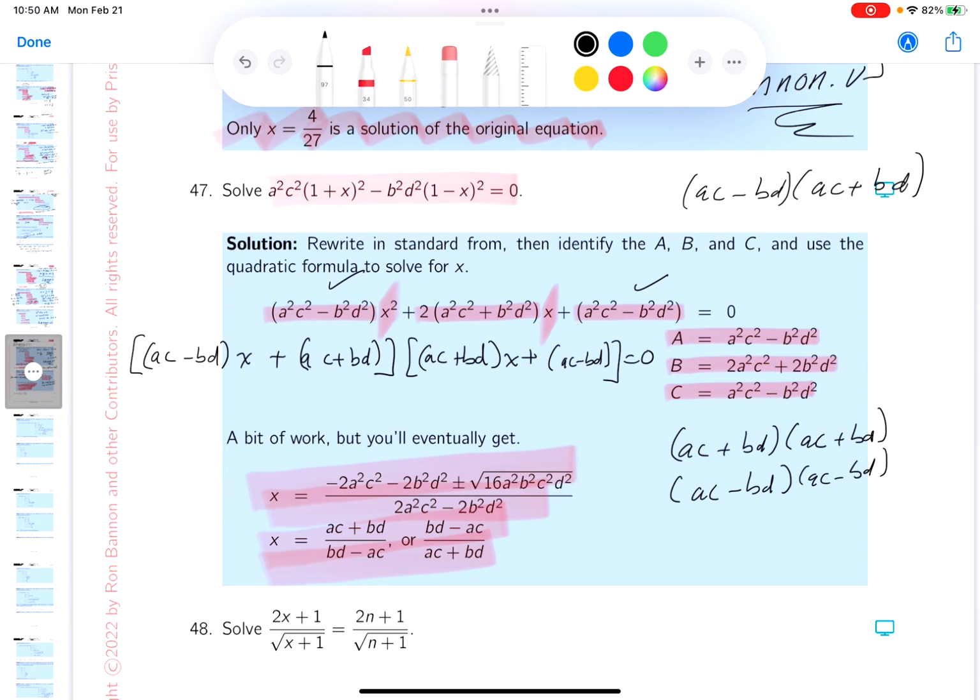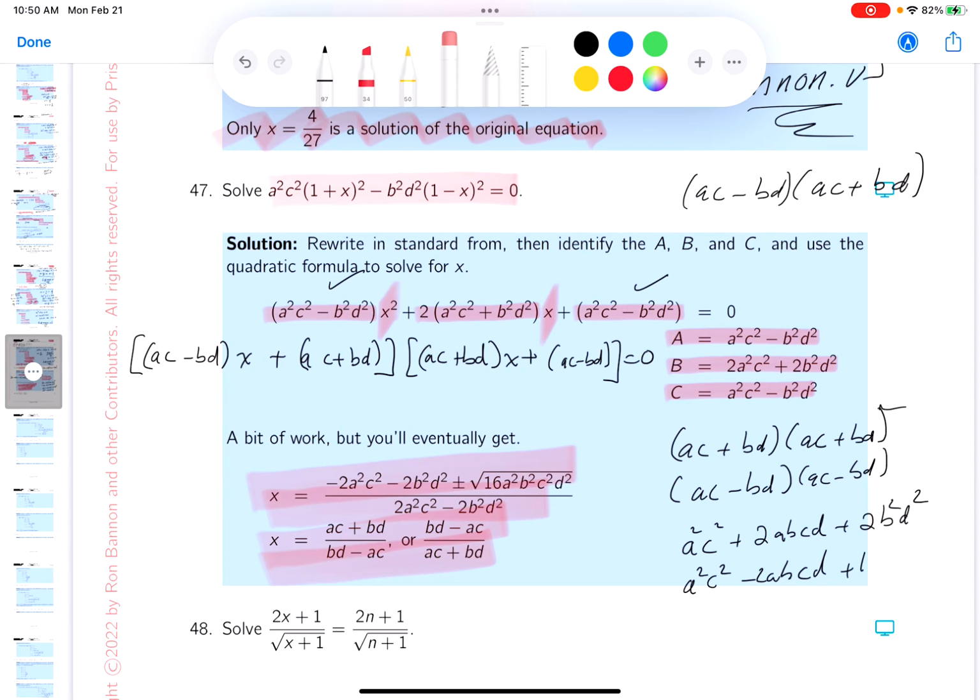And the middle term's always difficult. And what do you get there? A squared C squared plus 2ABCD plus 2B squared D squared. Then the second one, I just did the first one, A squared C squared minus 2ABCD plus, you know what?